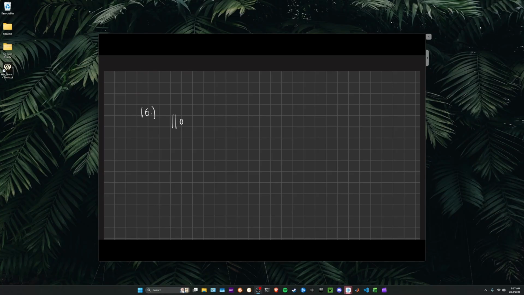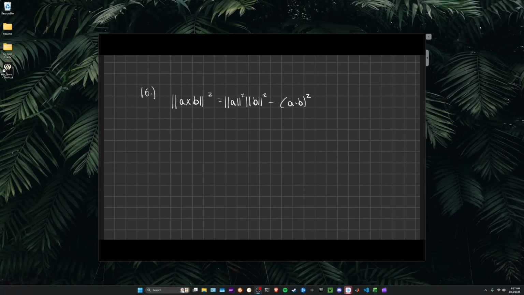Problem 16 just wants us to show in 2 dimensions that the square of the norm of A cross B is just the norm of A squared times the norm of B squared minus A dot B all squared. And it says in the xy plane, so that means that we can consider these vectors in R3, but we'll zero out the z component.